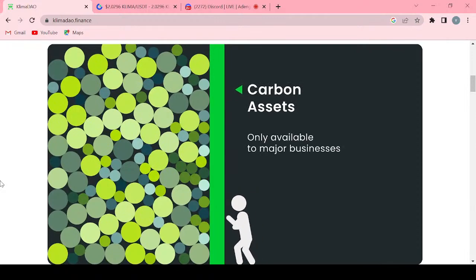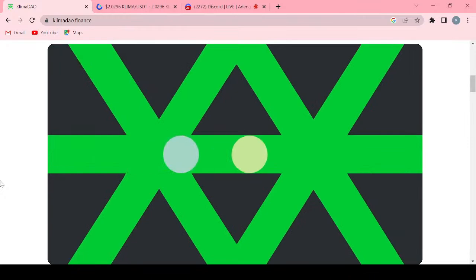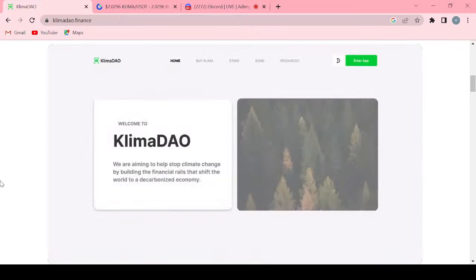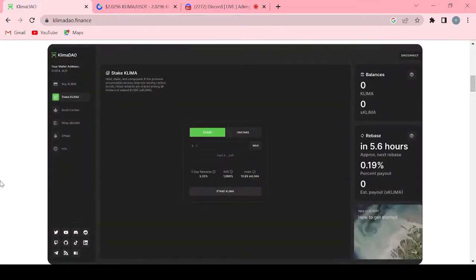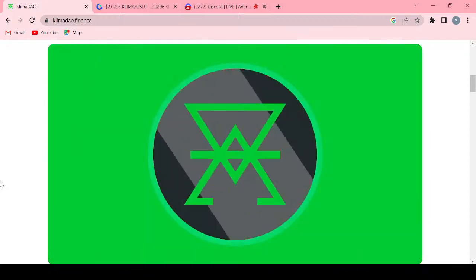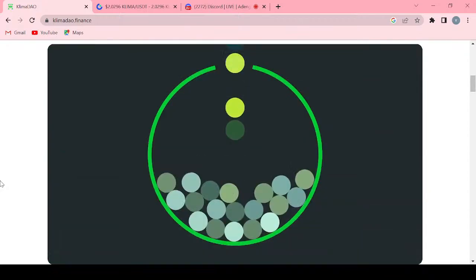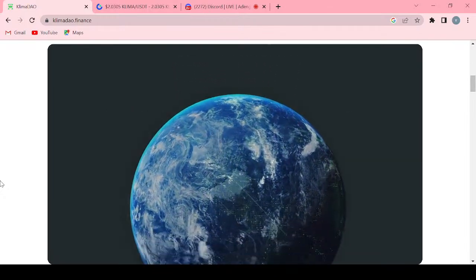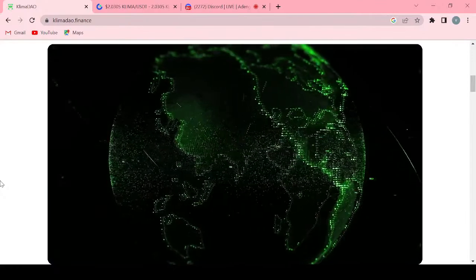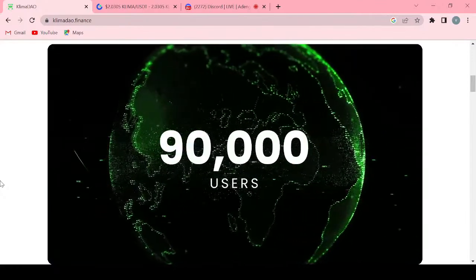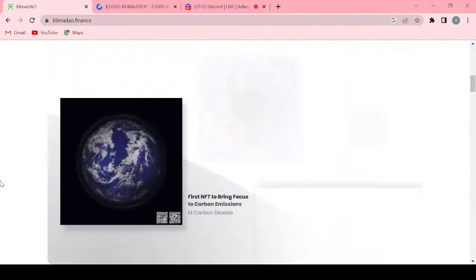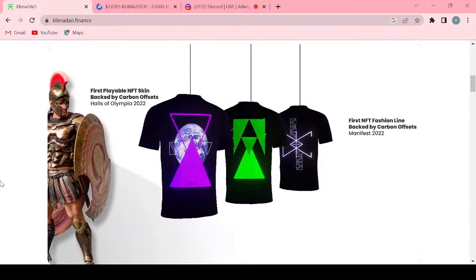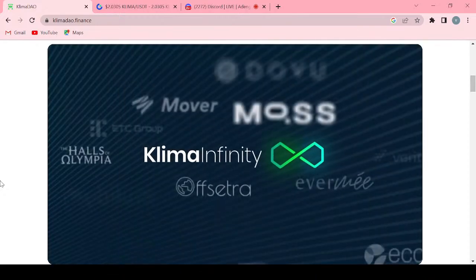So the carbon assets only available to the major businesses. So staking application is also available, so you can use it for a mobile. It is available in a Play Store, and iOS also available. So if you want to stake the token, you may just download it, and it is available in 65 countries. The focusing of NFTs are there, and we have seen the marketplace with the lower price.